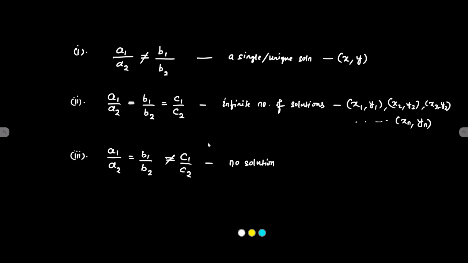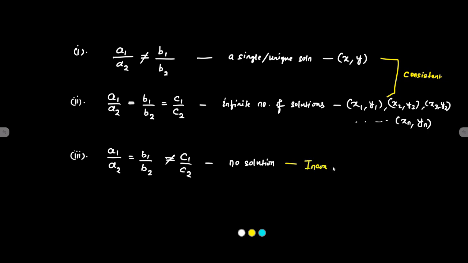Now, in the first two conditions there is at least one solution, either a unique solution or an infinite number of solutions. In those two conditions, the system of equations is said to be consistent, if it has at least one solution.